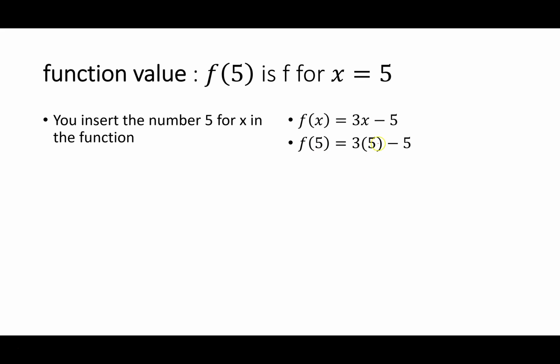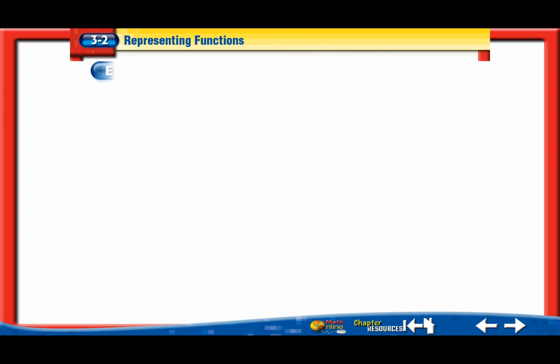So those x's are corresponding, I guess you could say. It's really just saying substitute 5 for x in this function. And the reason this works, because it has to be a function, is because there can't be more than one value for y. That's why this is a big deal.